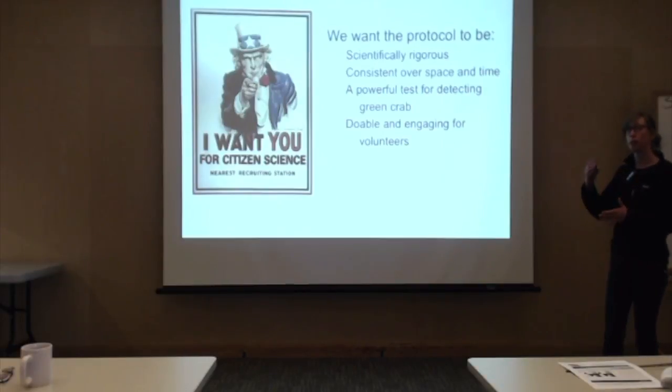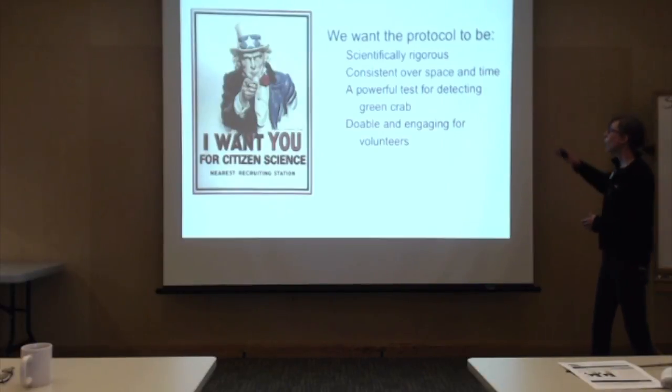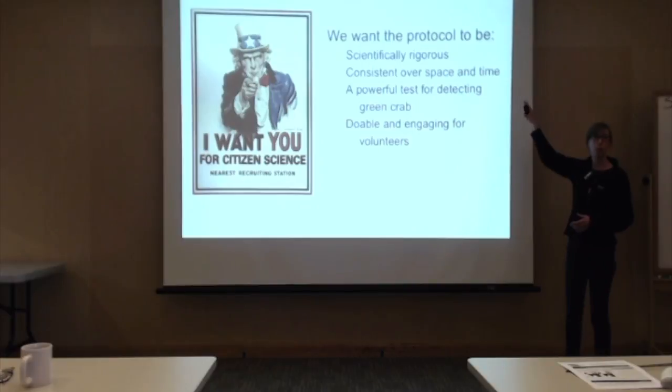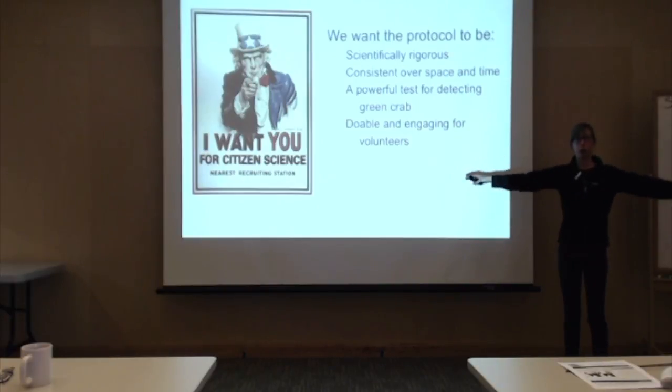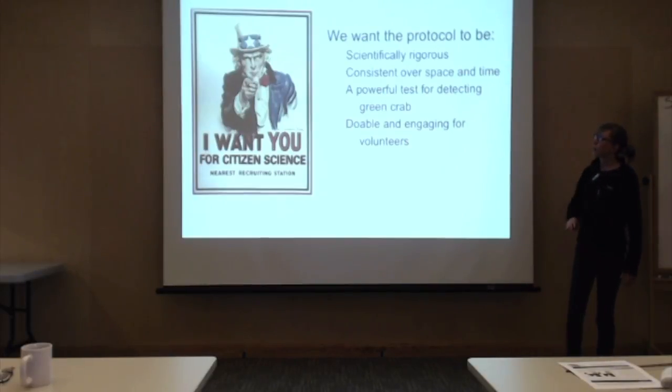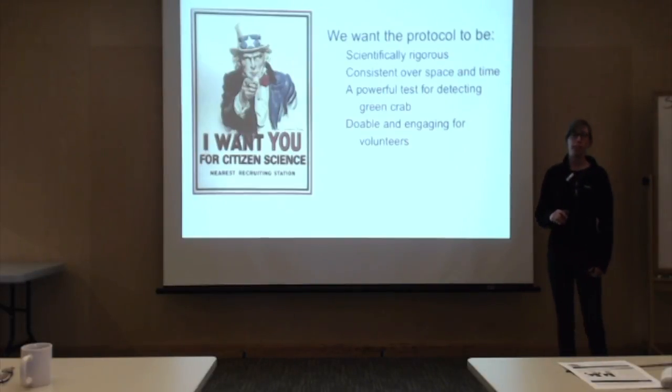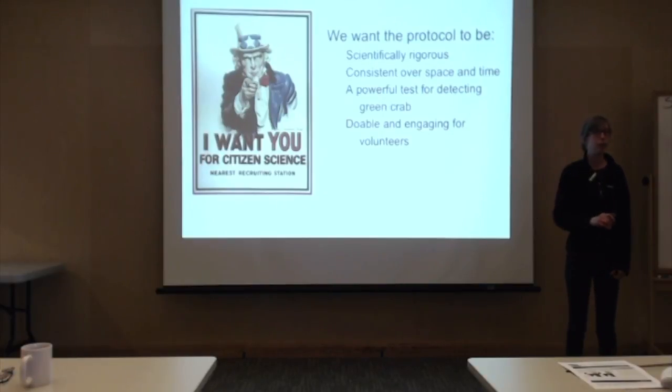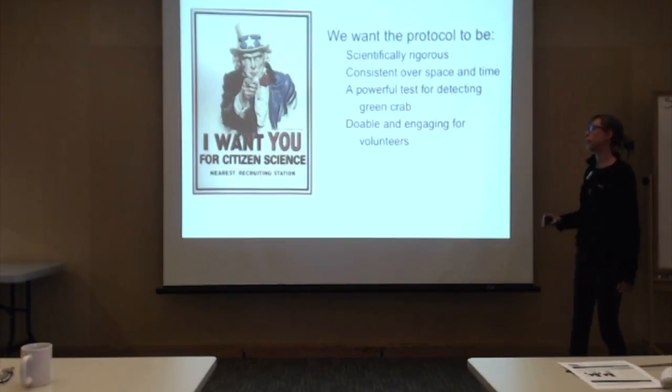We want it to be reliable, high-quality data. We want to be able to make comparisons over space and time, so we want to make sure our big group of volunteers is doing the same thing as much as possible. We want to make sure it's a very sensitive test for detecting green crabs, so if we're not finding green crabs, we want to be confident it's because they're not there, or they're there just below detectable limits.